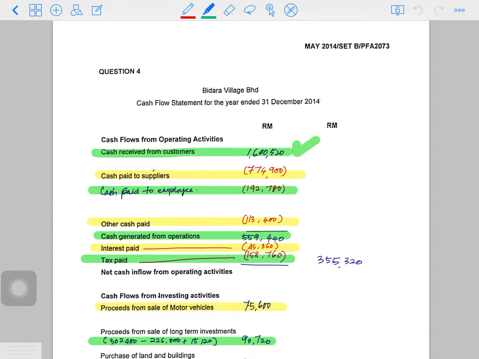Kita tak buka account loan. Tak apalah, kita just repayment of bank loan, beza dia berapa? Jadi 152 tolak 75,600. This is repayment of bank loan entered in the cash flow from financing activities. Repayment of bank loan.